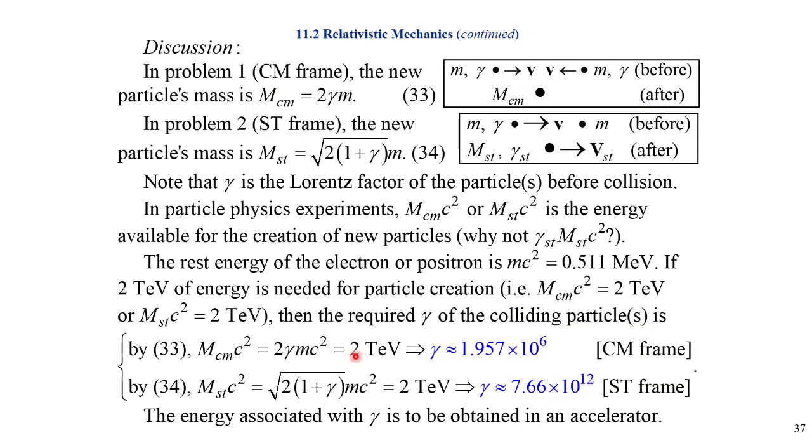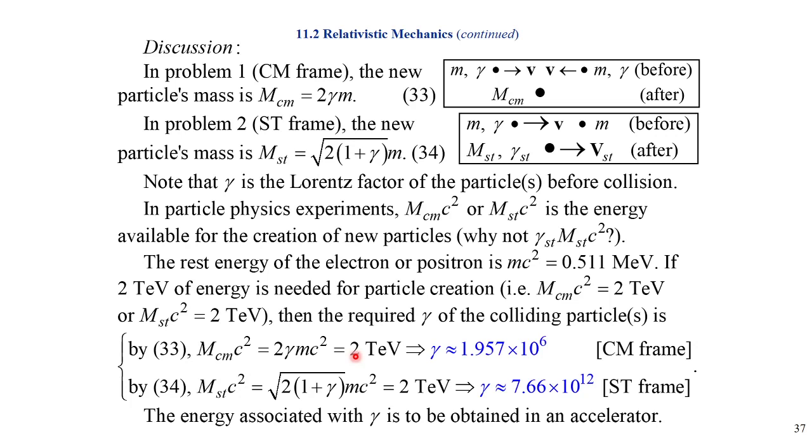Okay, we still have two pages to go. Let's compare. In problem 1, we considered the center of mass frame. The new particle's mass is M_cm equals 2 gamma m.